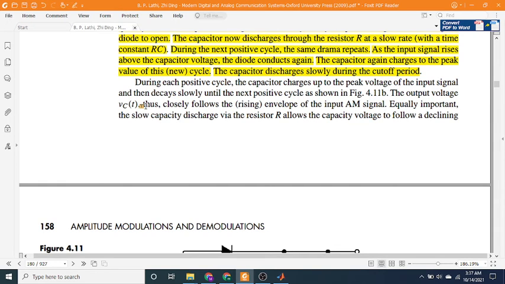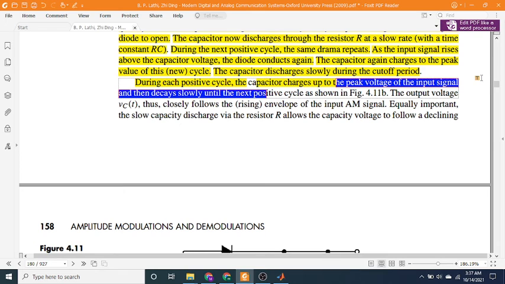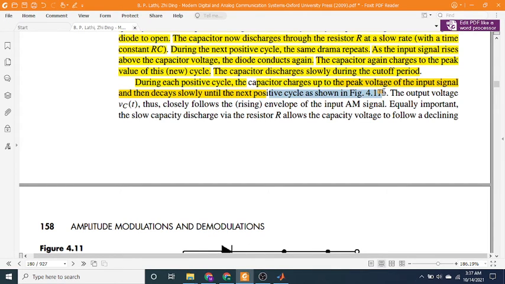During each positive cycle, the capacitor charges up to the peak voltage of the input signal and then decays slowly until the next positive cycle, as shown in Fig. 4.11b.